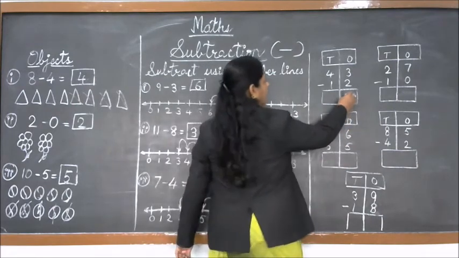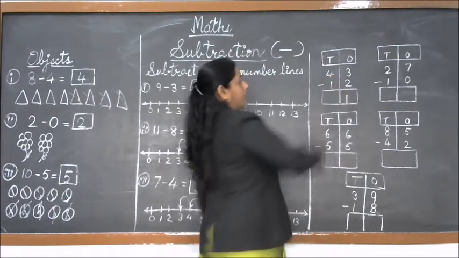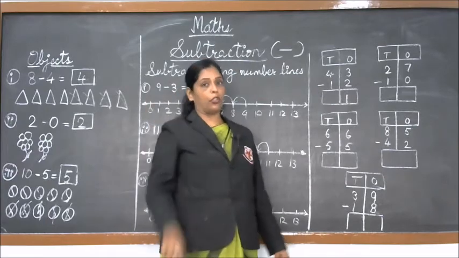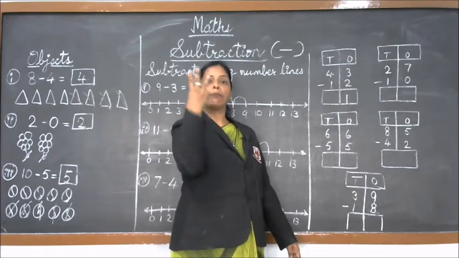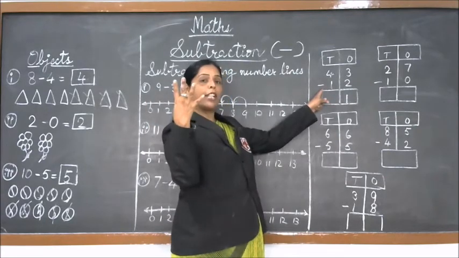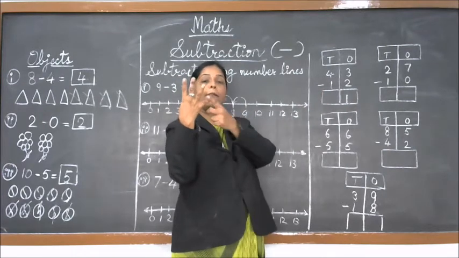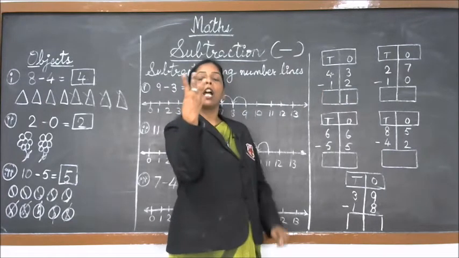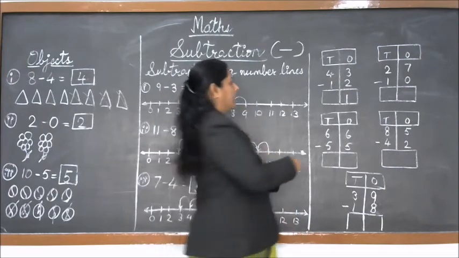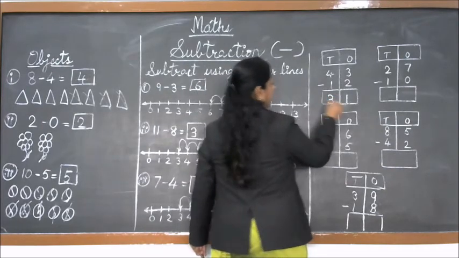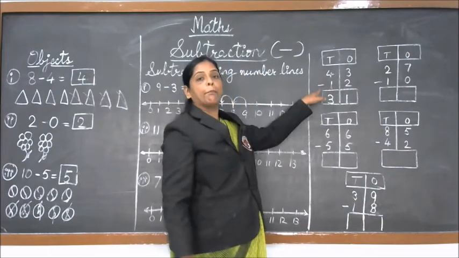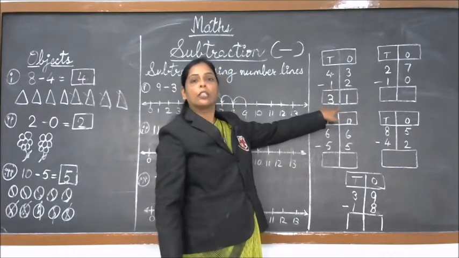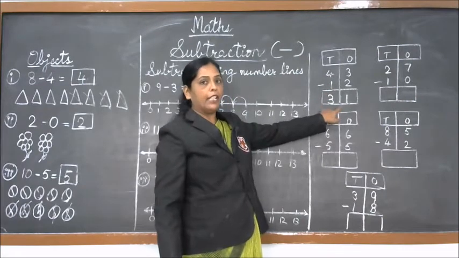Yes, it is 1. 4 minus 1. Now 4: 1, 2, 3, 4. How much do I have to minus? 1. This I have taken out. How many are remaining? 3. Yes, the number is 3. So 43 minus 12 will give you 31. The total will be 31.